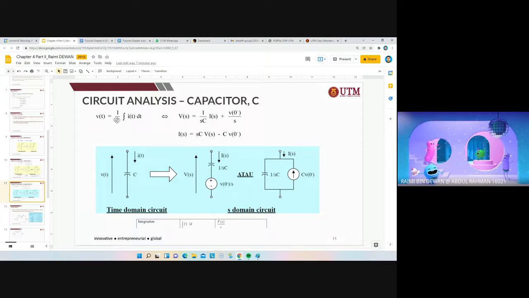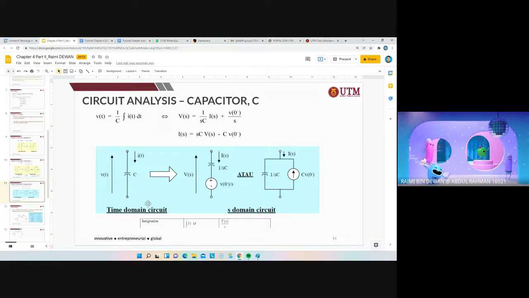Then you have a function here, and for the integration, when you convert, it's actually F(s) over s. That's why for the integration part you will have 1 over sC. C is just a constant, and then you have the initial value, which is v naught over s.